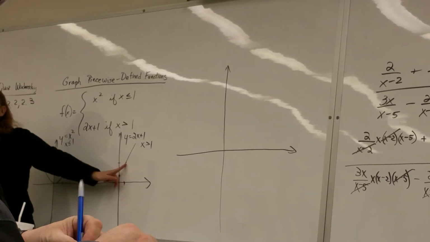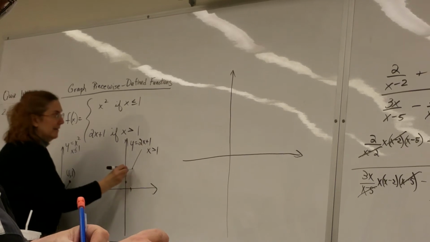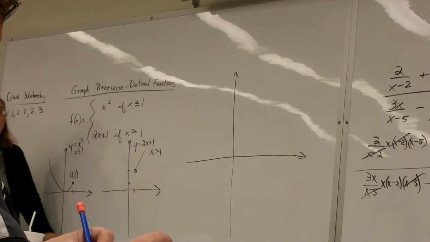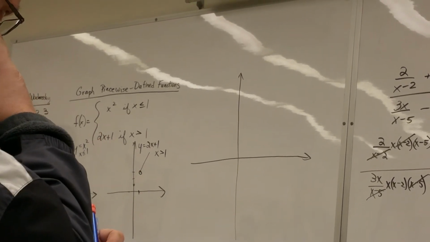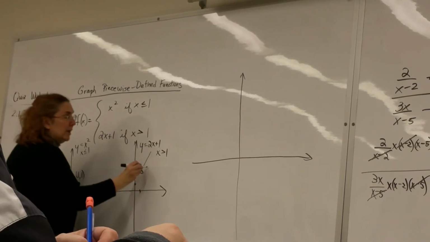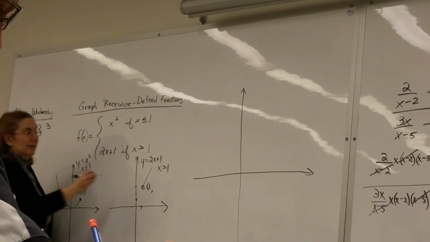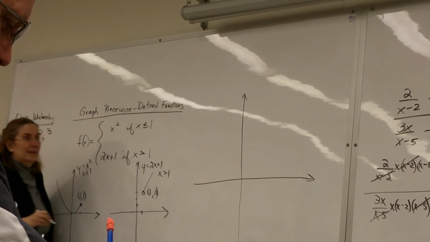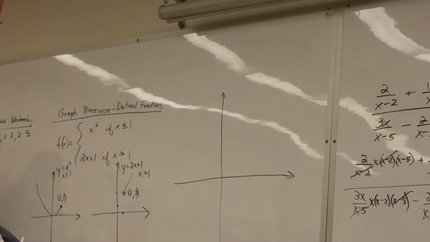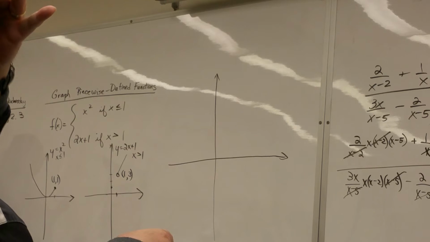Circle. Why? Because it's just strictly greater than. Now, even though it doesn't include that point, I need to know what is that point. If I plug in 1 for x, what do I get for y? 3. It's that piece of the line, but it doesn't include that point 1.